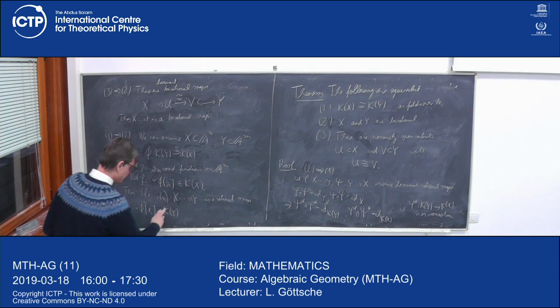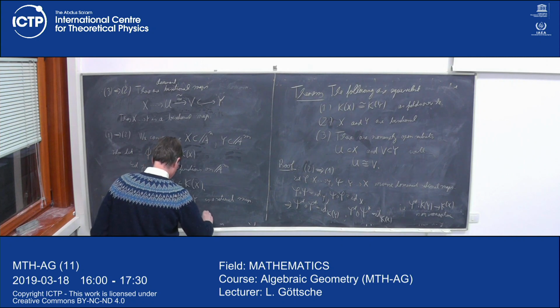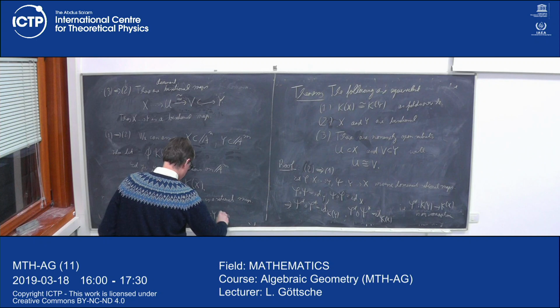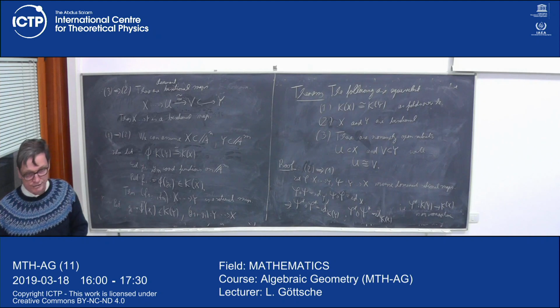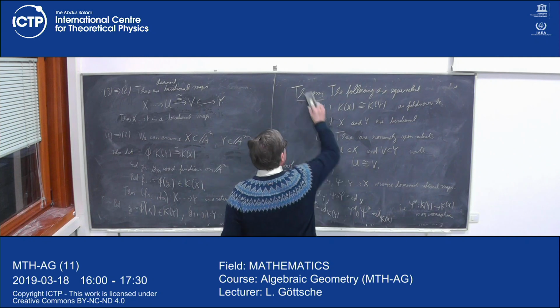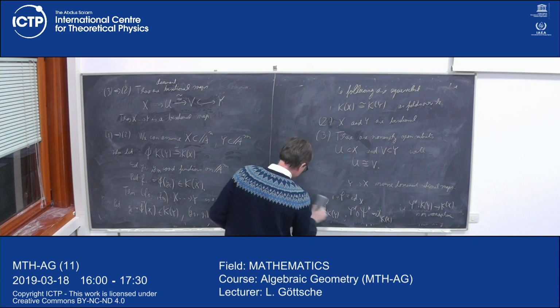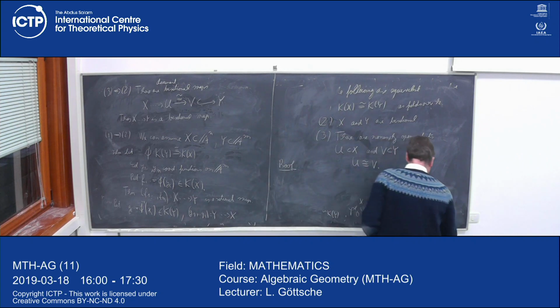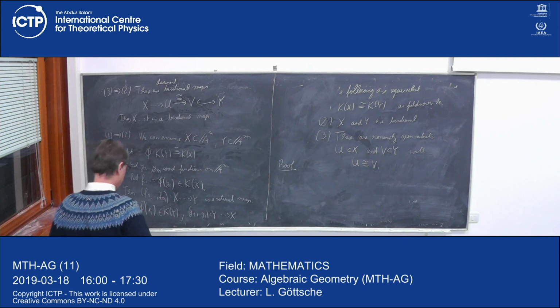And then, so we get another rational map g1 to gn from Y to X, and then one has to check that these are inverse to each other. So these are inverse.